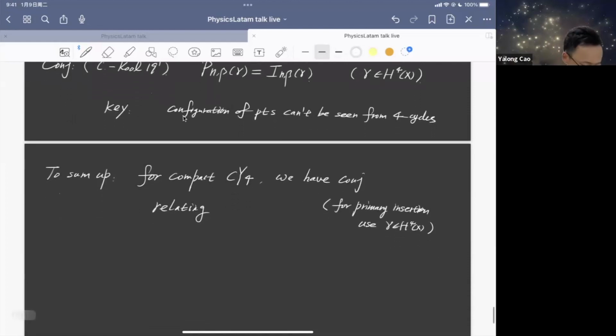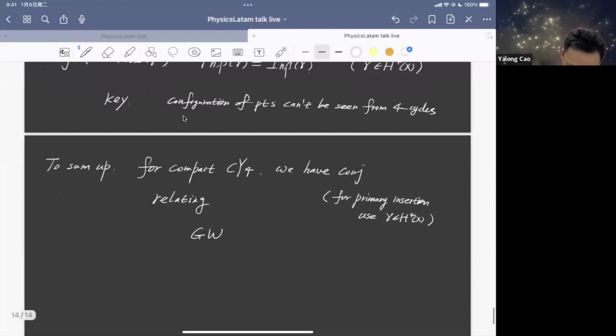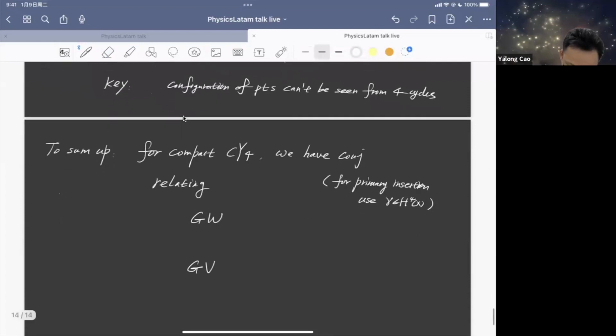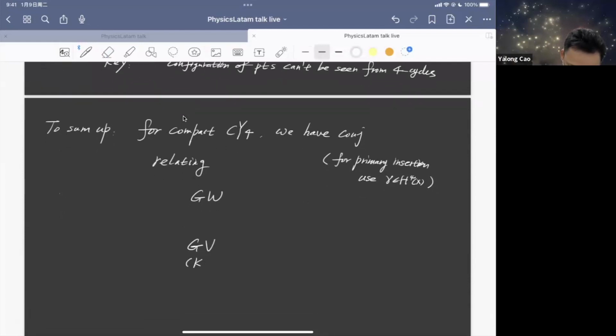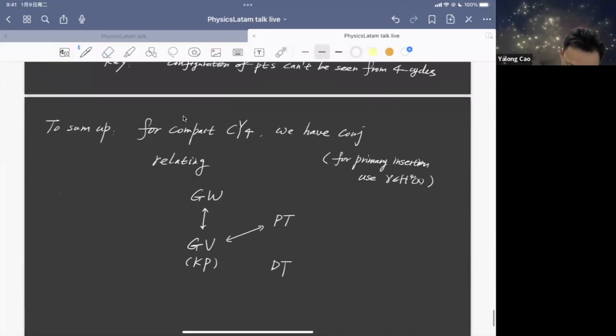The following things are related: first the Gopakumar-Vafa theories, of course defined by Klemm and Pandharipande. And we have the stable pair theories, which we can call PT. We also have the curve counting theories, which we can call BT.